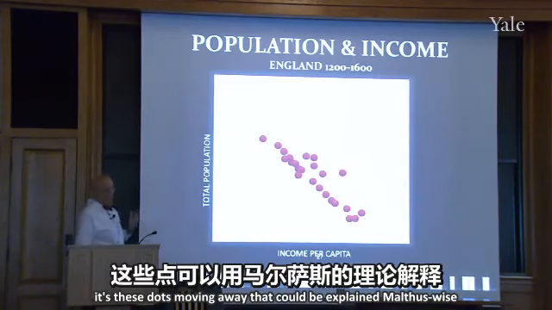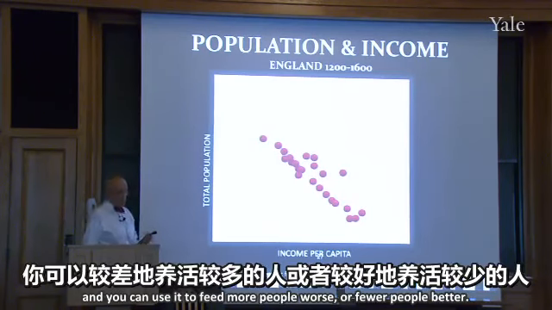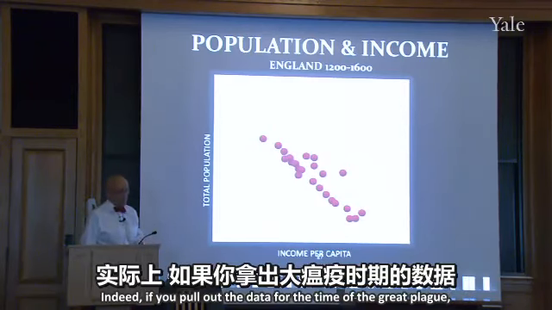these dots move in a way that could be explained Malthus-wise or St. Augustine-wise by assuming that there is a fixed total and you can use it to feed more people worse or fewer people better.